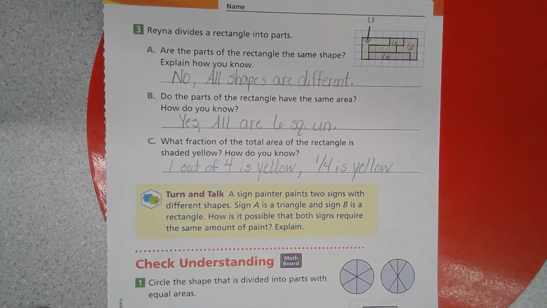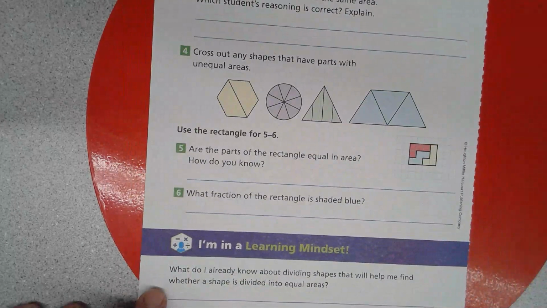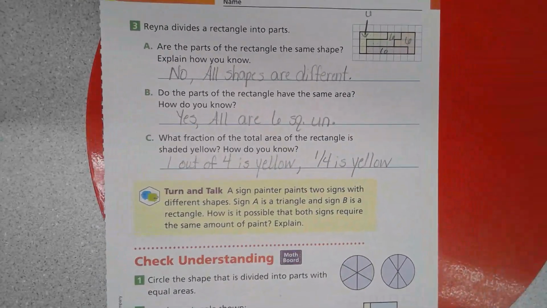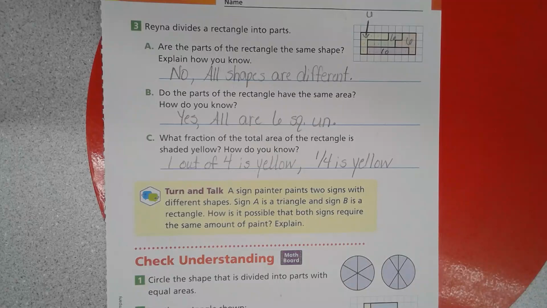Pause the video when you need to, and then when you are finished with all of your work, start it back up and we'll check our work together. Okay? So I'm going to pause mine, you pause yours, and then I'll meet you back up in just a few minutes. Work carefully.